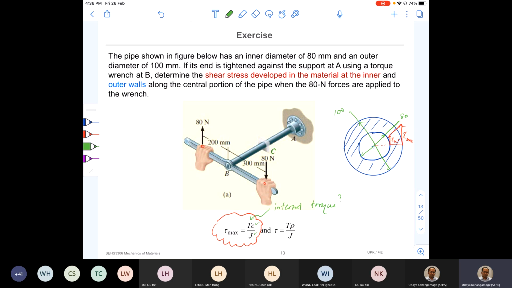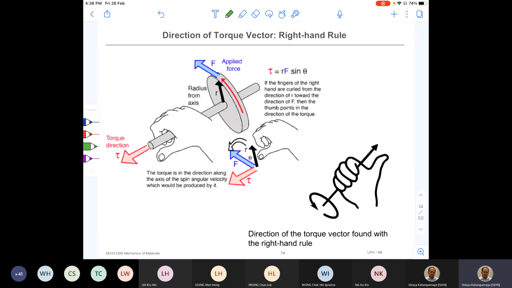Before I explain how to find that internal torque, I just want to introduce a sign convention here. I mentioned that torque is a vector, and a vector has a direction, right? So how do we find the vector direction? Maybe some of you already learned this before. We use the right hand rule. If you remember in the previous section under axial loading, we always marked moment in the anti-clockwise direction as positive.